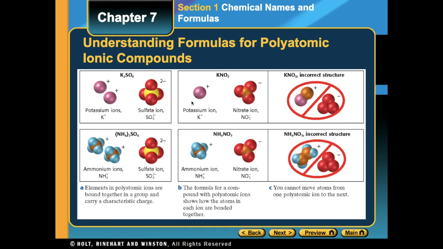These are going to stay exactly the same. They're just going to be stuck together because the positive and the negative are attracted to each other. Same thing happens here. This is an ammonium. This is a nitrate. When they come together, we don't get two completely different molecules. They just stick together like this.